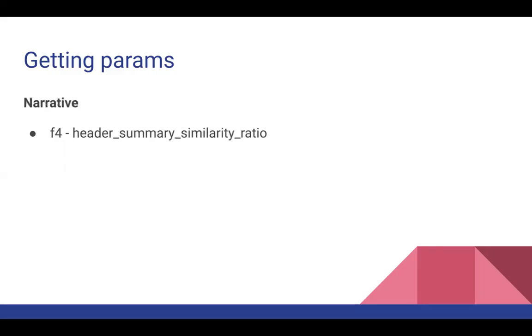Next one is narrative. Narrative is one of the components of detecting fake news, and it's important to have a clear, consistent narrative that is related to the headline of the text. So we picked the parameter header similarity. Header summary similarity is when the header and subheader and the general idea of the text match at least some percentage.